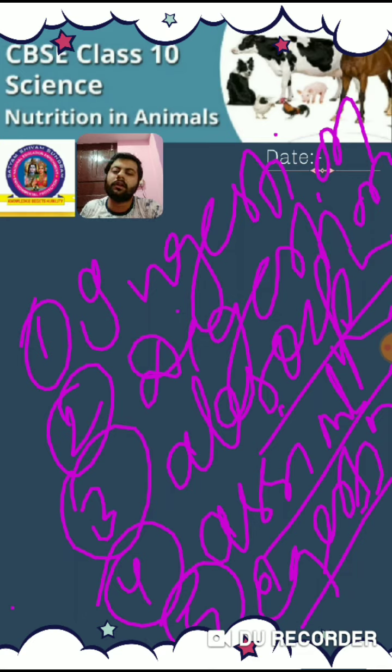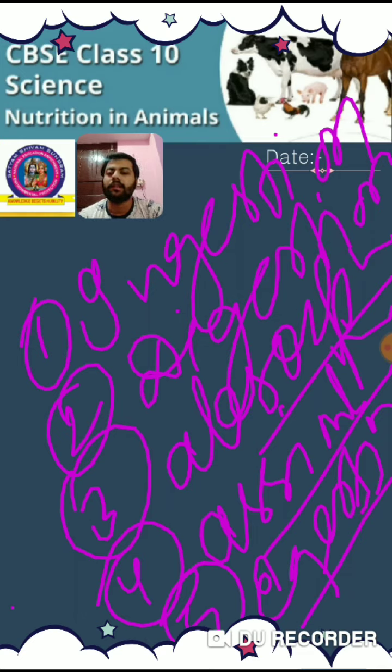Absorption. That means this digested food is diffused through the intestine into the blood and lymph, and that process is known as absorption.